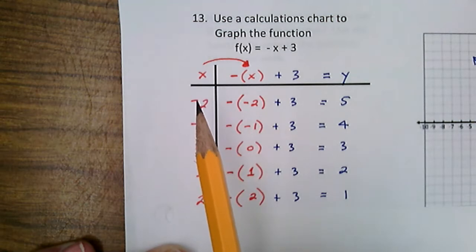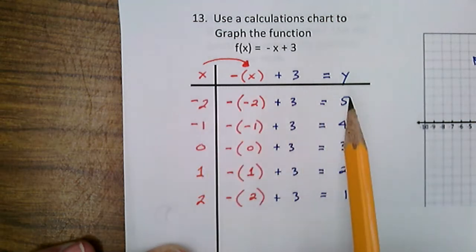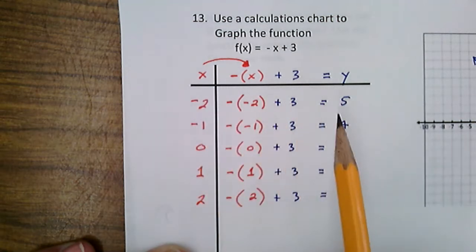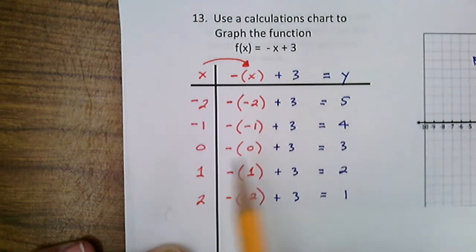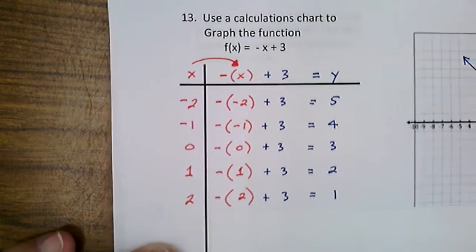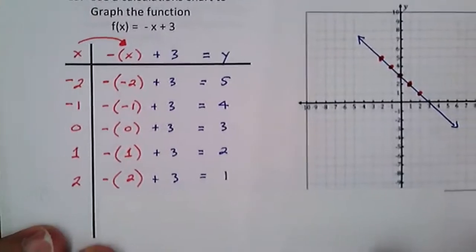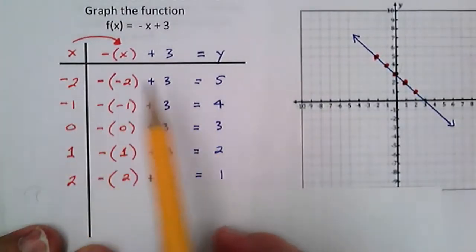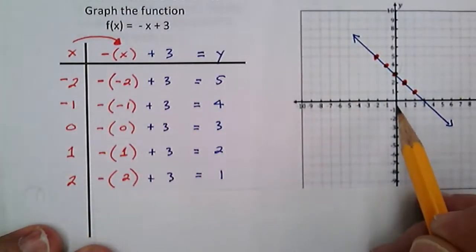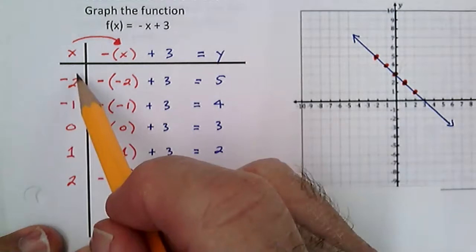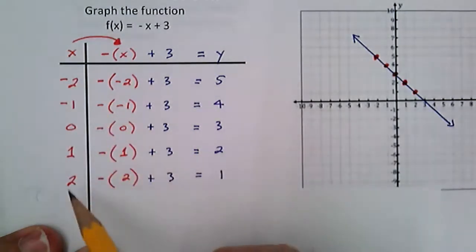So my dance pairs are negative 2 dancing with 5, negative 1 dancing with 4, 0 with 3, 1 with 2, and 2 with 1. So now when I come over here, I can draw my graph. We said negative 2 and 5. So I'm going to go negative 2. Remember, these lead when you're dancing and graphing.